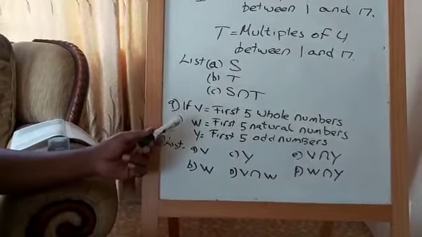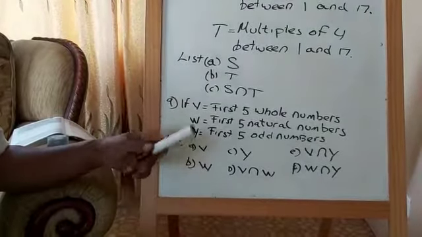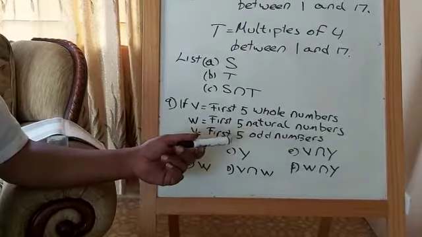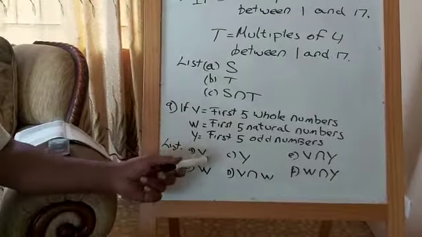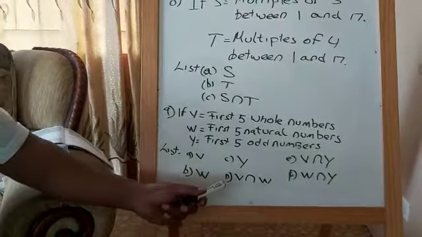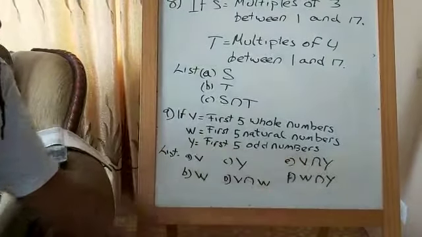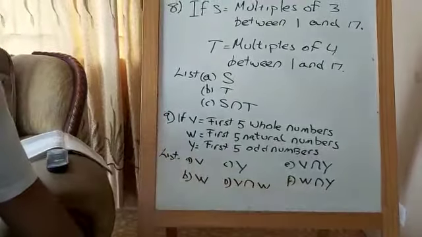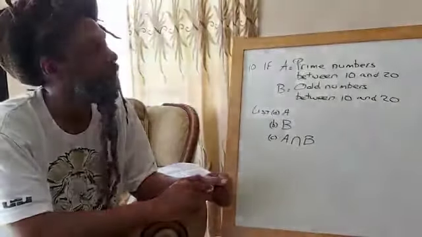Question number 9. If V is equal to the first 5 whole numbers, W is equal to the first 5 natural numbers, Y is equal to the first 5 odd numbers, list for me: A, V, B, W, C, Y, D, V intersect W, E, V intersect Y, F, W intersect Y. Alright, so your last question on intersection of sets, number 10.